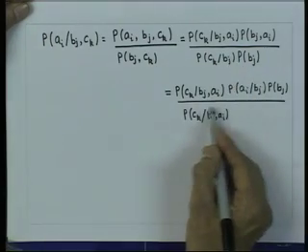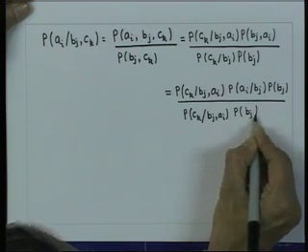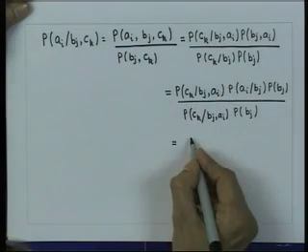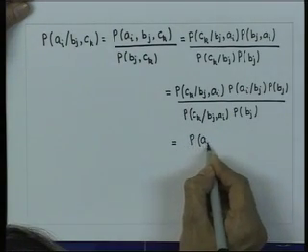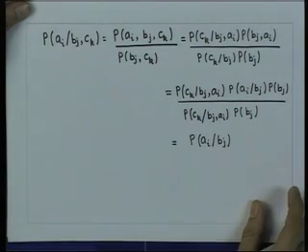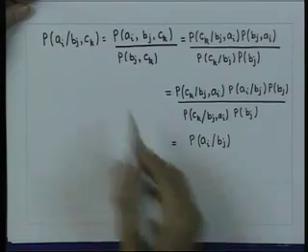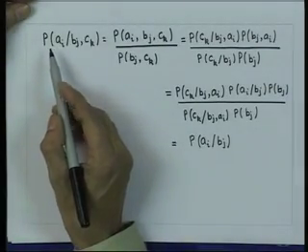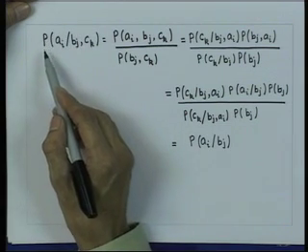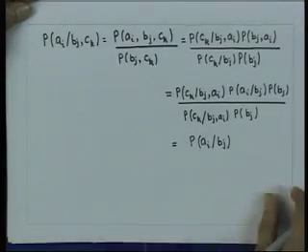So, this quantity is substituted by this, and we write this as probability of B j, and these terms cancel. So, what we get finally is probability of A i given B j. So, we have shown that for a cascaded channel this condition is true.